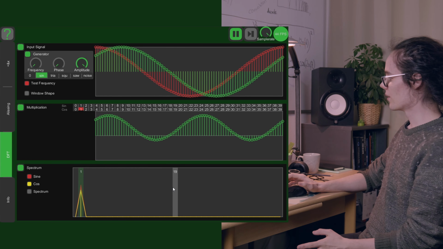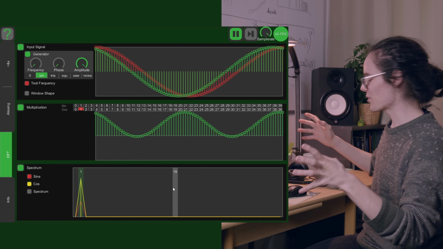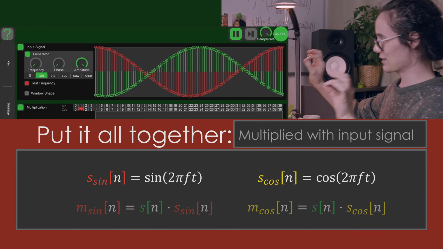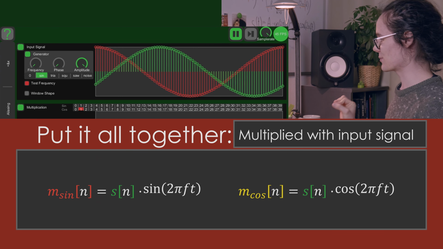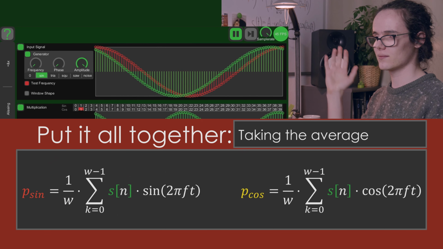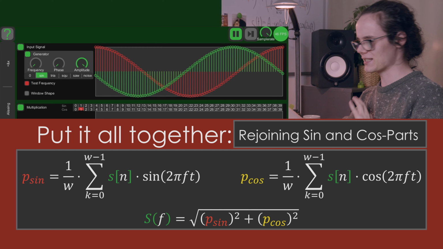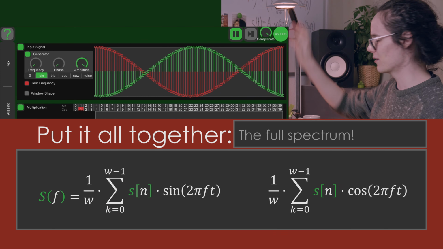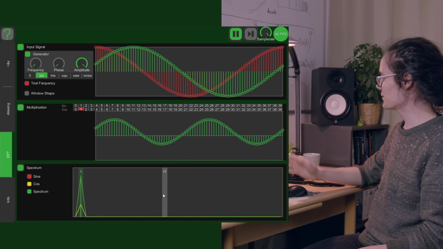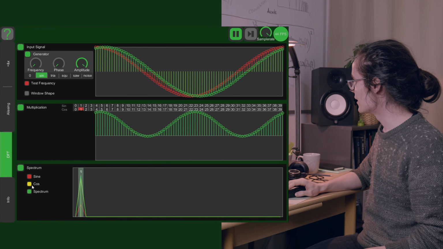Okay, and now get something to hold yourself on, because now we are putting all the sine spectrum and the cosine spectrum together with this wonderful formula that is displayed right next to me. I don't know, due to the power of After Effects. Right here you see the spectrum now in green.